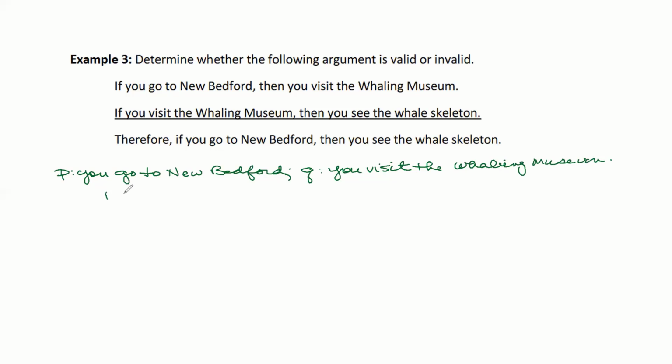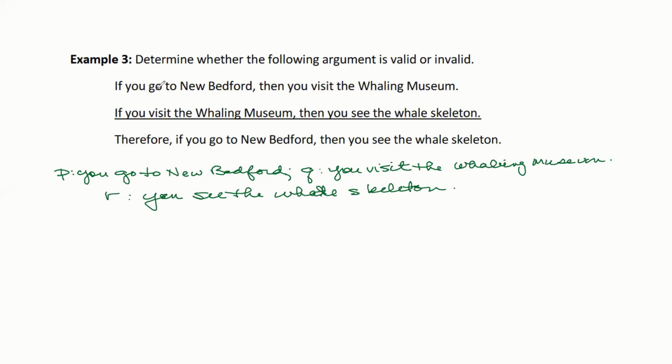And R, you see the whale skeleton. Oops, don't cross that. Whale skeleton. There we go.